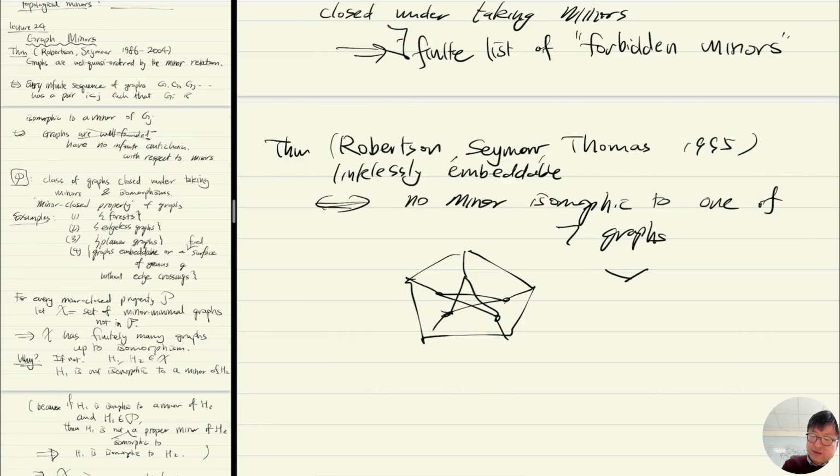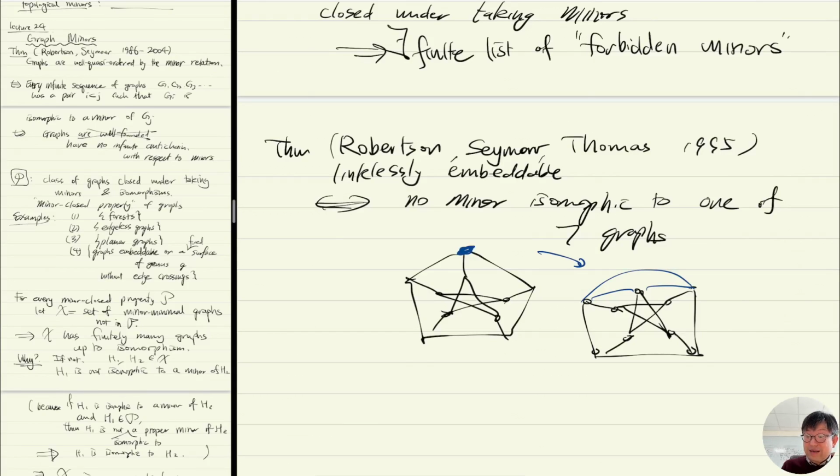So for instance, what I did is replace this vertex by a triangle. No, not this triangle. Okay. Yeah, I think that's correct.